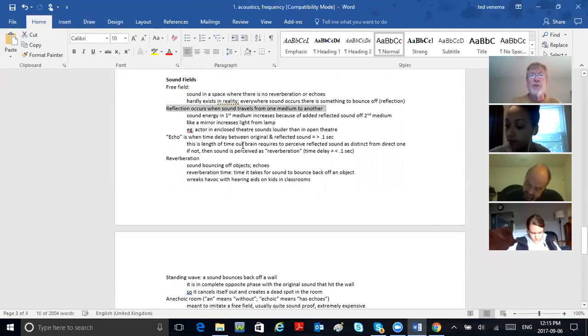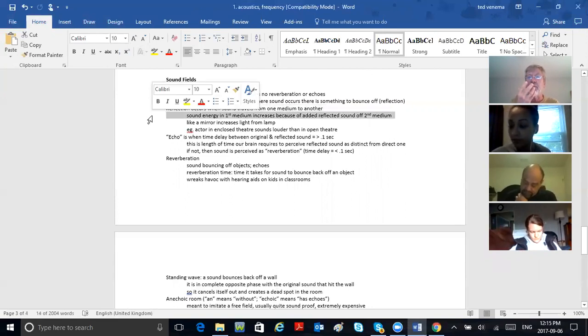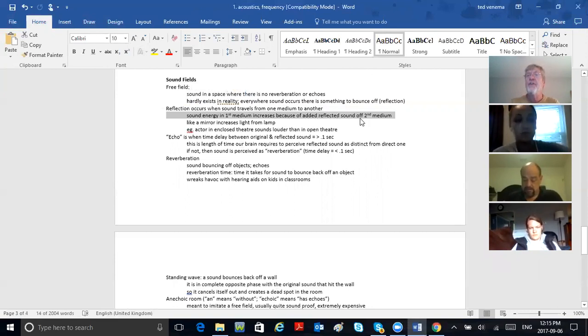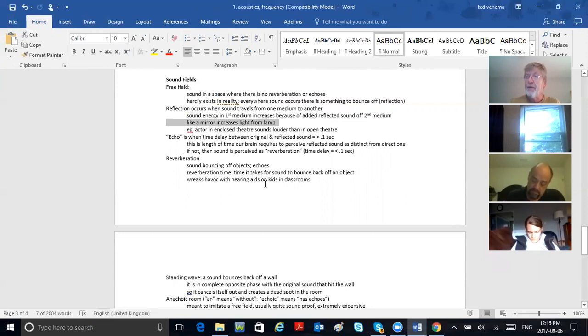Reflection occurs when sound travels from one medium to another. Read this with me. Sound energy taking place in air increases because of added reflected sound off the wall or a second medium, just like a mirror increases light from a lamp. The light travels through air and bounces off the mirror, and now you've got more light.